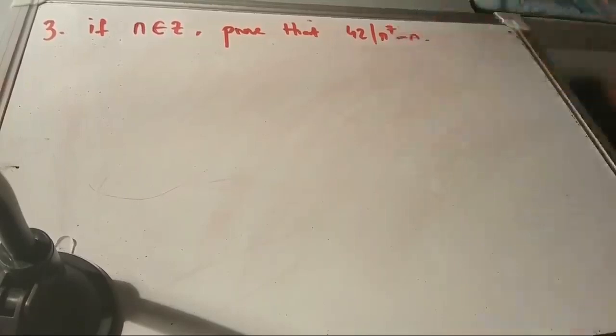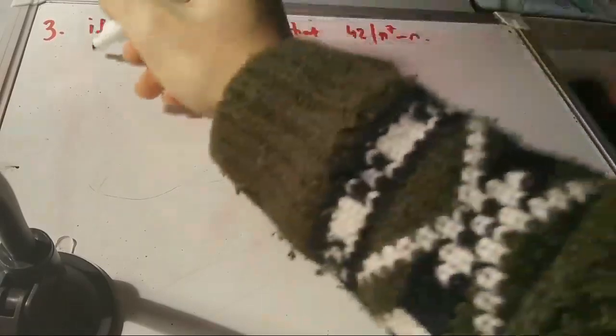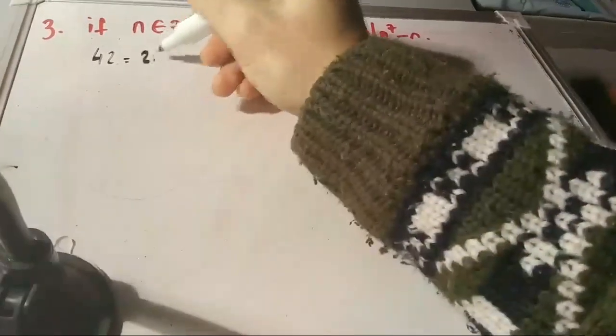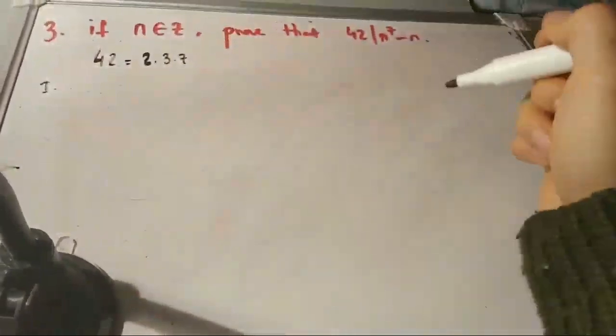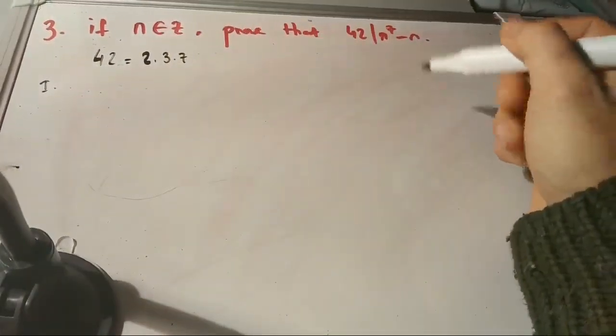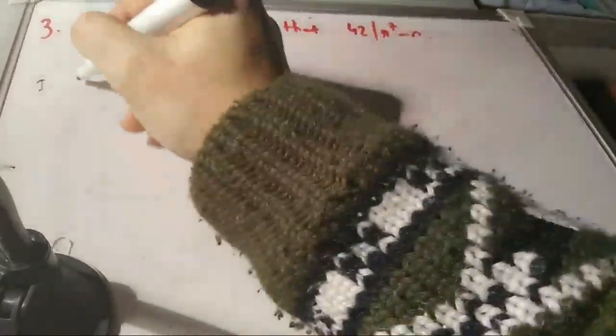Okay. First I would like to start by finding the prime divisors of 42. 42 is equal to 2 times 3 times 7, which means n to the power of 7 minus n must be divisible by 2, 3, and 7.